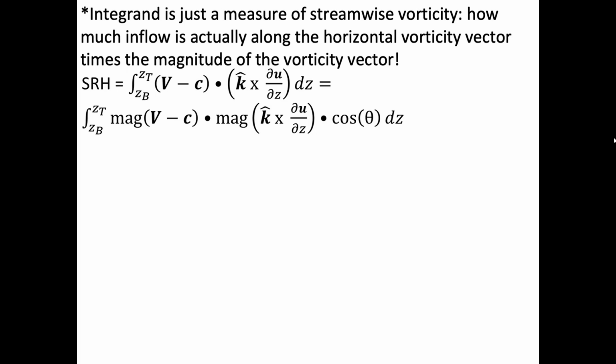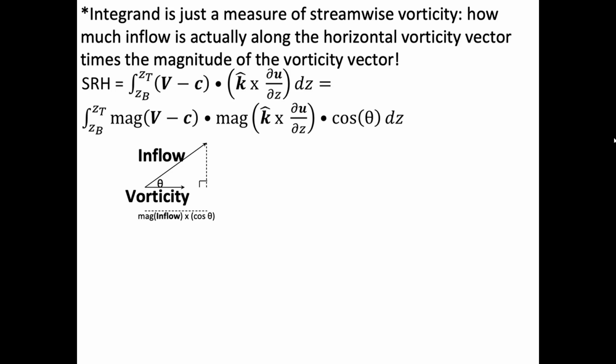Well, doing some mathematics over here, what we see is when we take that dot product between that inflow vector, v minus c, and the vorticity vector, what we can show is that that is just equal to the storm relative helicity and represents the dot product between the vorticity vector and the inflow vector.